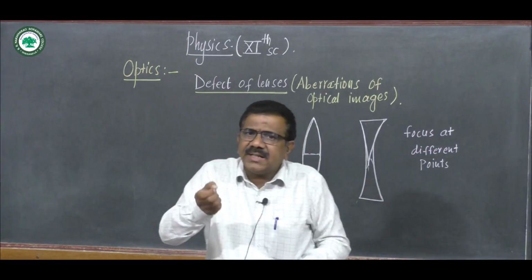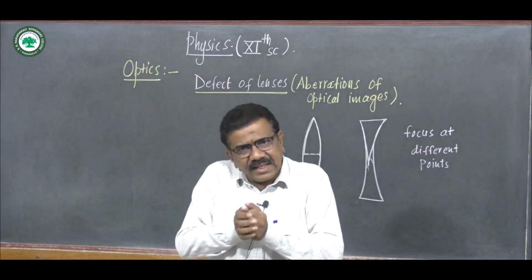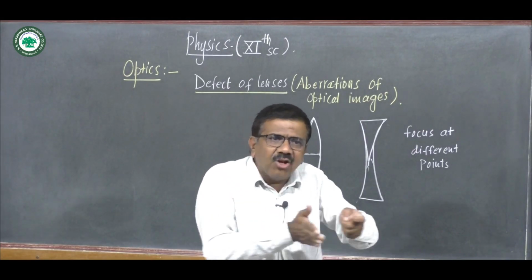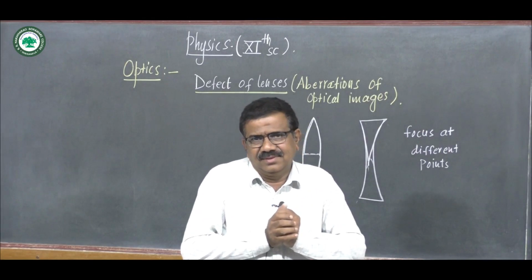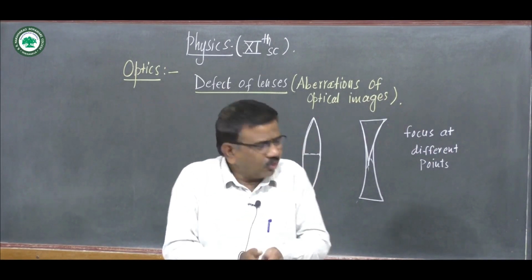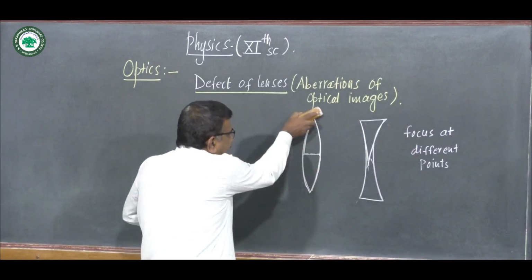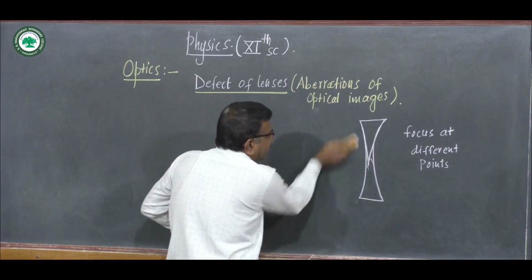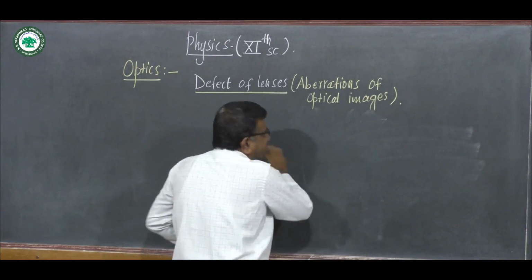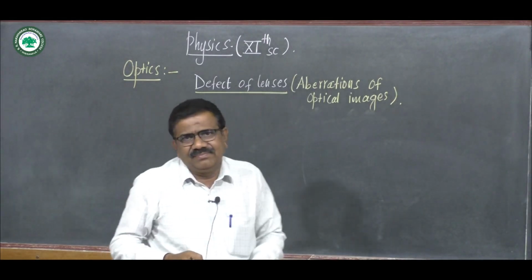So instead of getting a single image, we get distinct images spread along a line. The image is not sharp and clear because rays come to focus at different points instead of a single point.